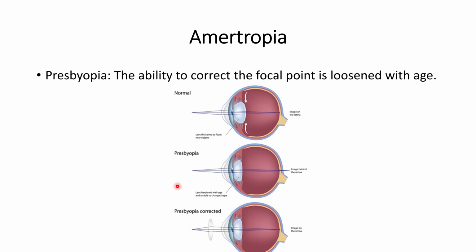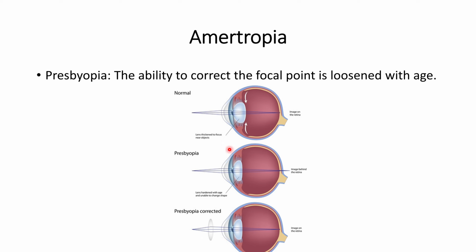To correct this, we use a presbyopia corrected lens, which is also a concave lens, so that it helps human beings form the image at the retina in a short duration of time, or we can say instantaneously.